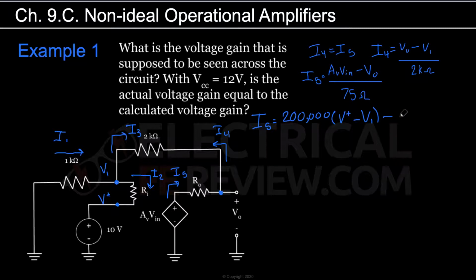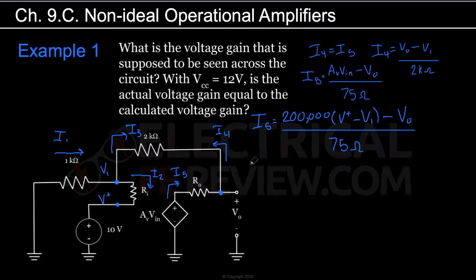We're still subtracting our output voltage, and this is all being divided by 75 ohms. So now we're going to set these two equal to each other.